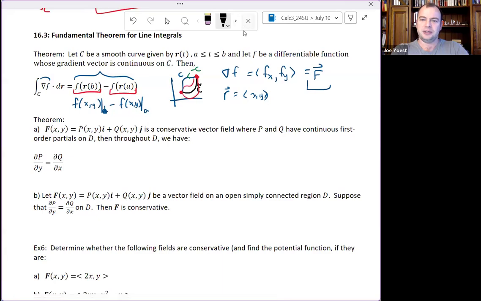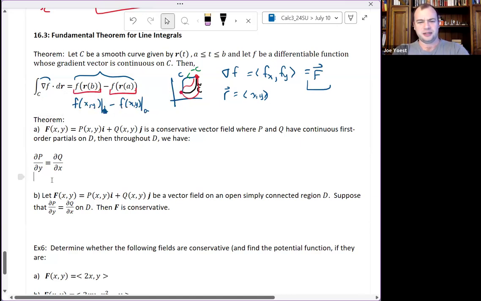Okay, so to that end, let's discuss conservative vector fields. So we have a theorem. And your book, I think, splits this into two or maybe even three different theorems, but I'd wrap them under a single theorem here. We're doing this in two dimensions, two inputs and two outputs.